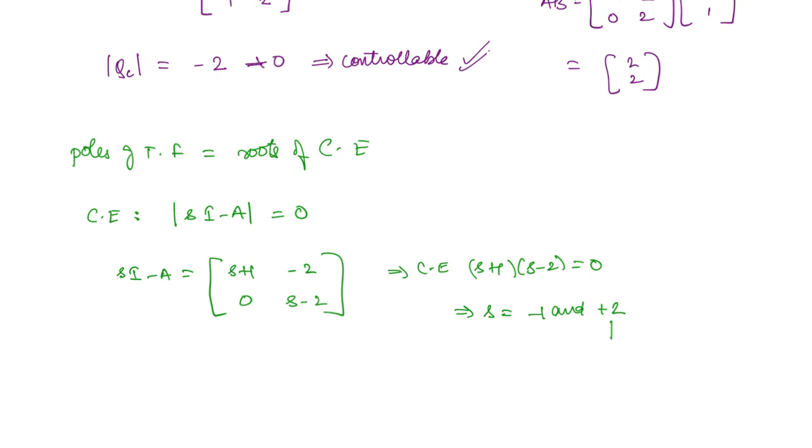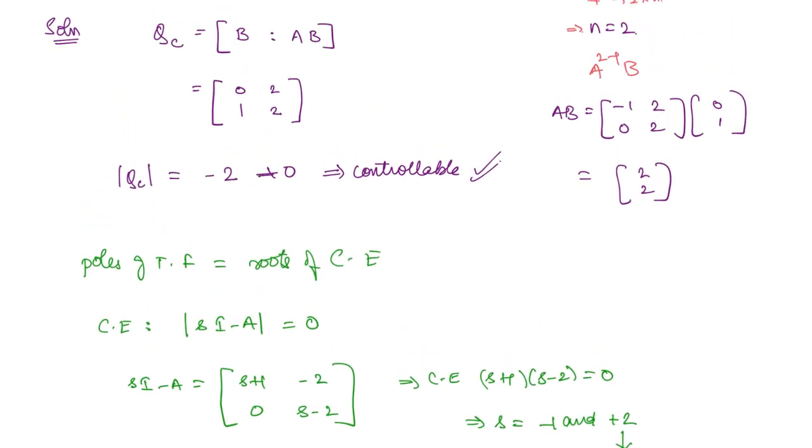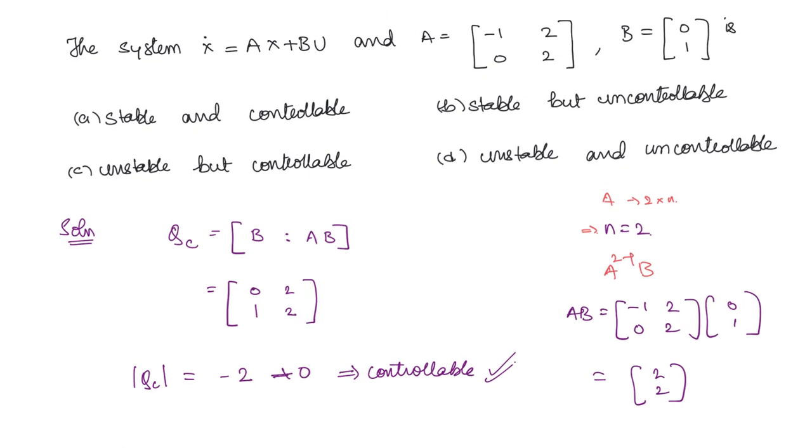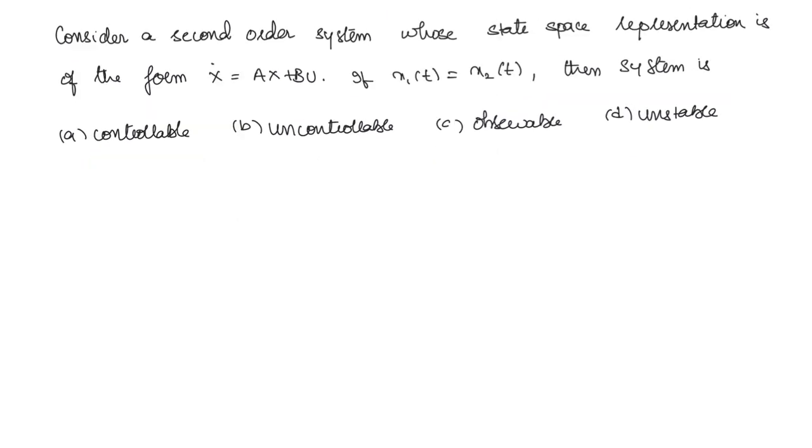You can see that there is one pole in the RHP, so this must be an unstable system. So this is a controllable but unstable system. What will be the option here? Unstable but controllable.